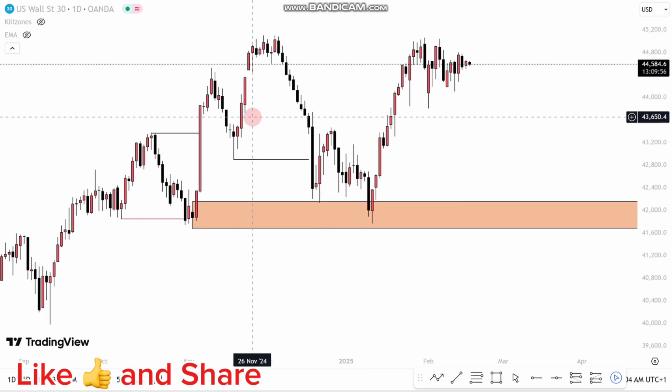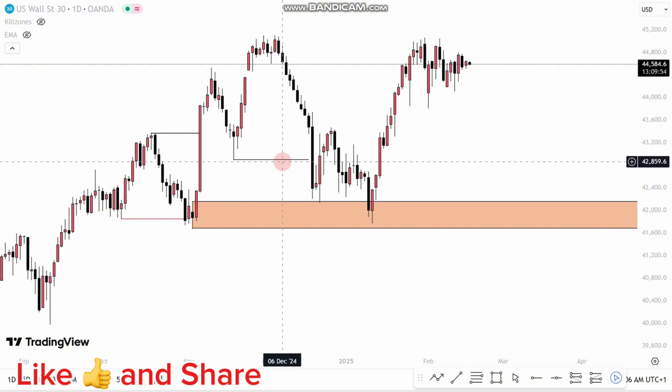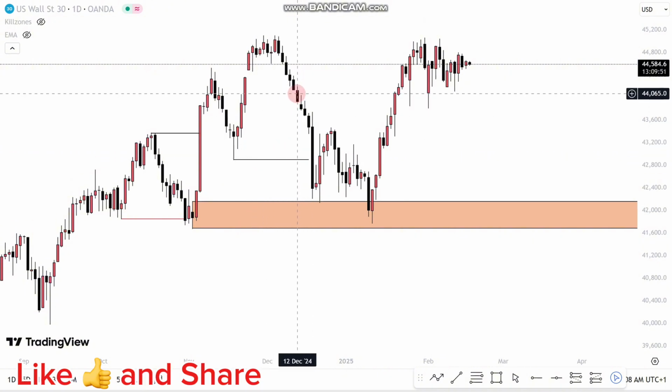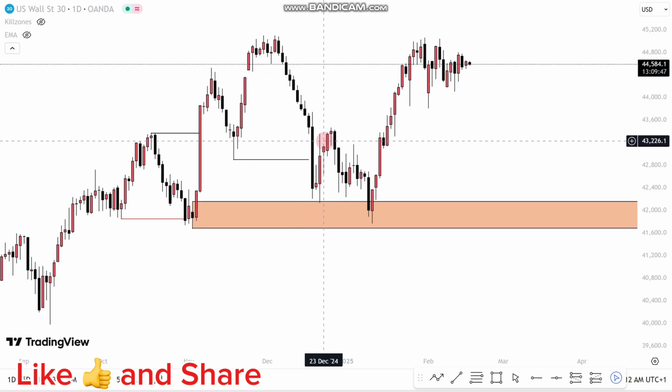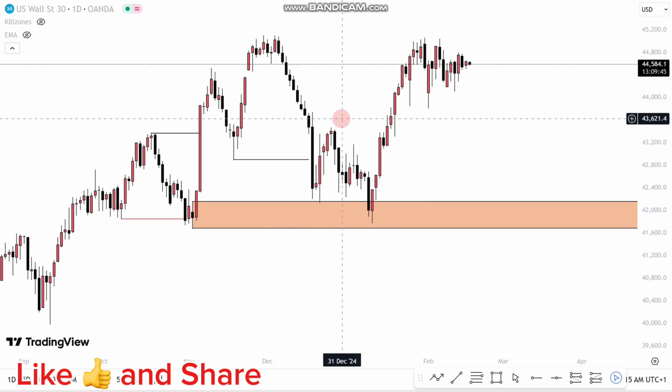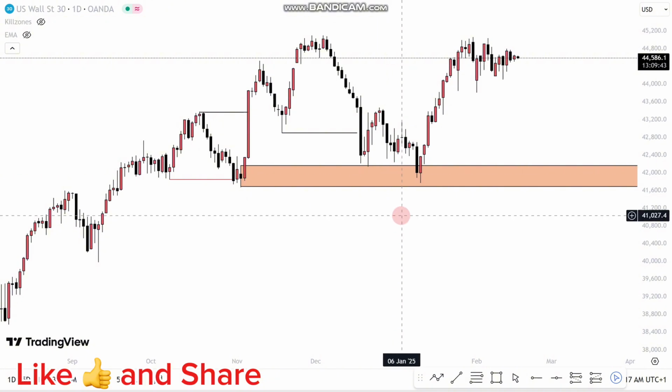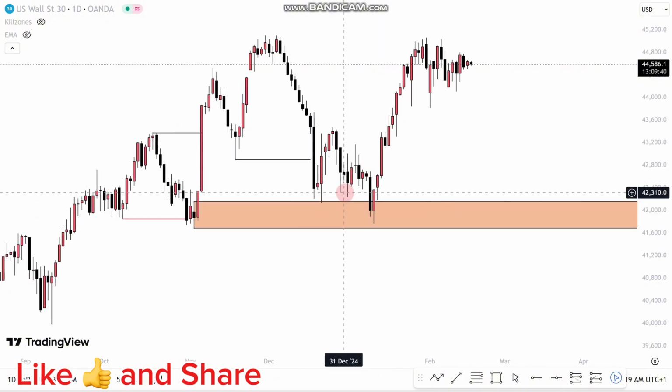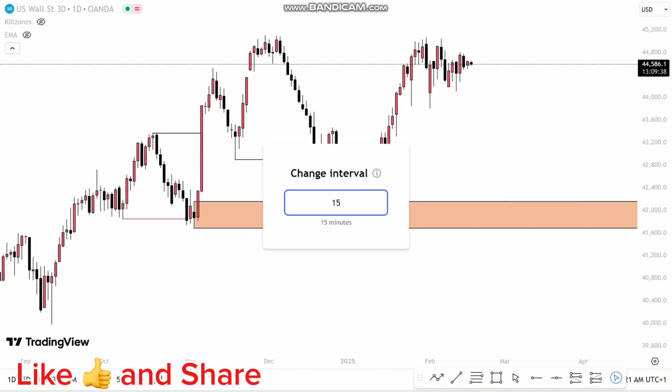A lot of traders use this as a change of character. So I was just waiting patiently. Price came into this region and tapped into this demand. There was a zone, okay? Price just tapped into it. I scaled down to the 15 minutes time frame.